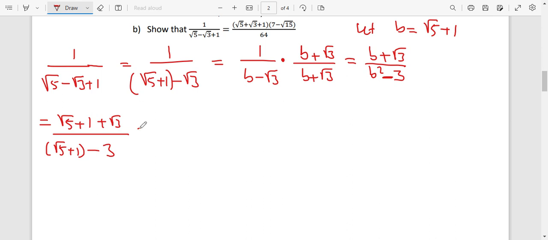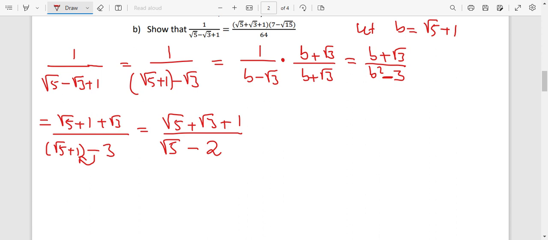Now from here I'm going to simplify further. This is going to be root 5 plus root 3, and then I write a 1 at the end, divided by root 5. Now this is a negative 3, so it will be 1 minus 3, that will give us a negative 2. Okay, so from here I'll conjugate again.